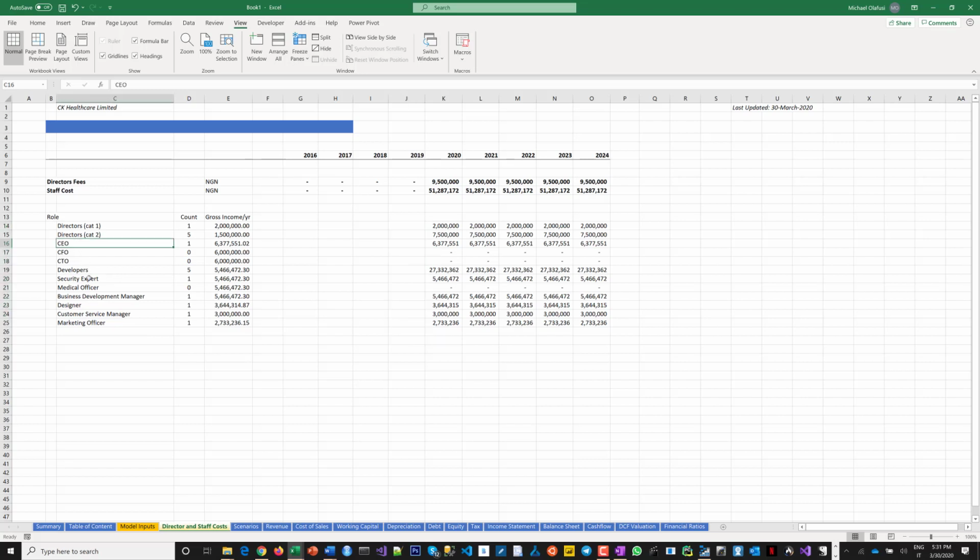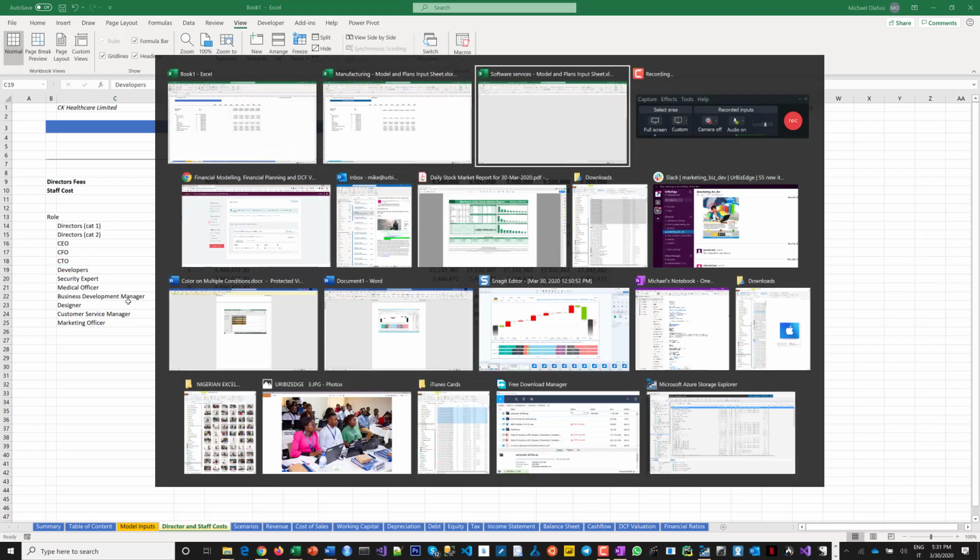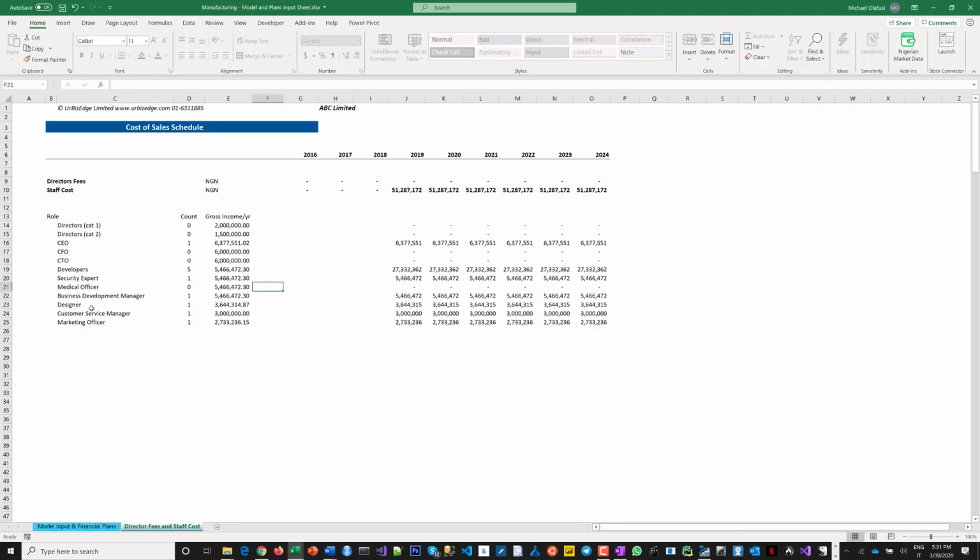So for this kind of company, yes, there's going to be a CEO, a CFO, a CTO. What do you think for a healthcare company that size? Will they want to have a dedicated CTO? Okay, let's say there's a CTO, but they definitely won't be needing developers. In fact, I need to go and copy the correct one for a manufacturing company.